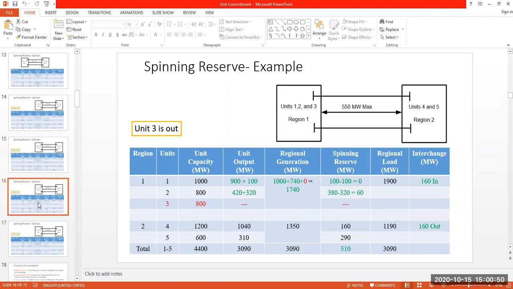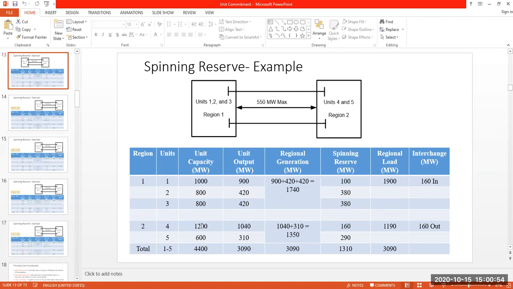How much can you take? We go to slide 13 because that is the original slide. If you miss 1040, as I said earlier, the first target would be to try and meet the missing generation from its own region. How much is this? 450. So how much is remaining?